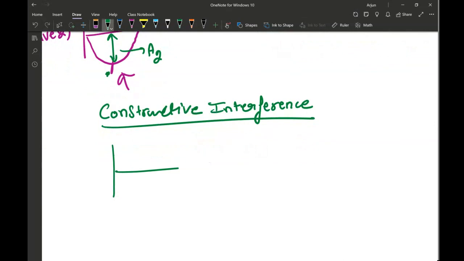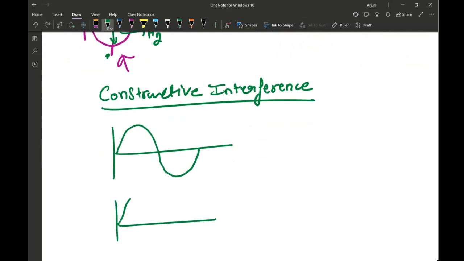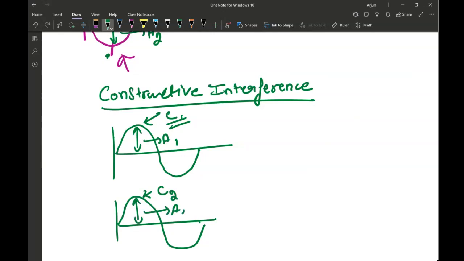So in this, what happens is, let's say you have two waves, then the crest of one wave meets the crest of another wave. In this, the amplitude is A1 and this amplitude is A2.